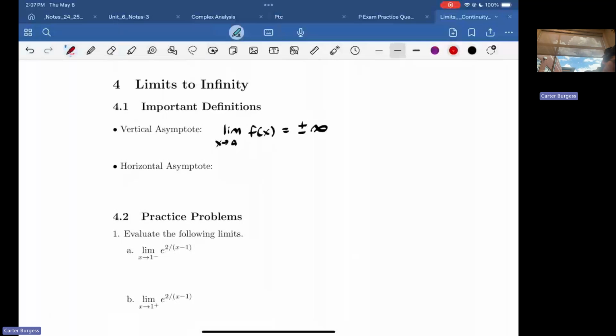And the thing to observe is this is normally going to happen when the denominator gets really small. Although not always. We'll see.